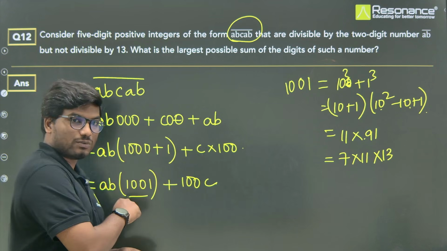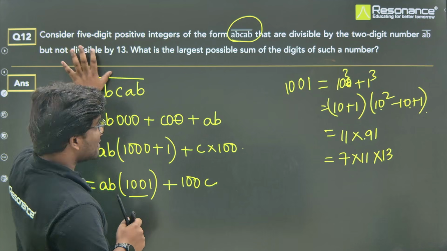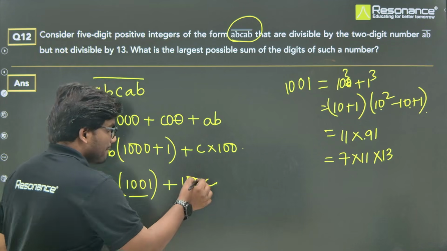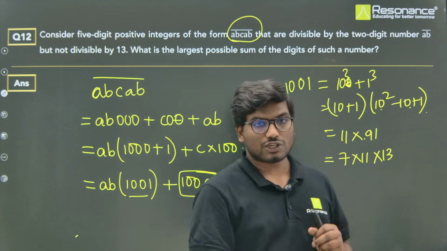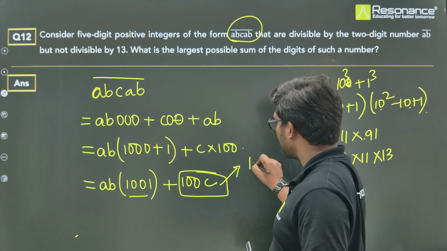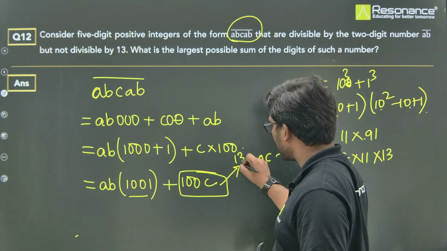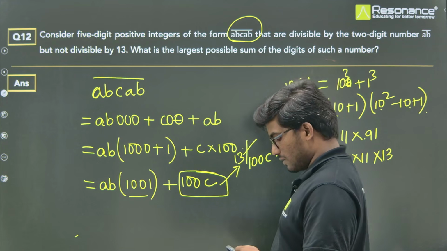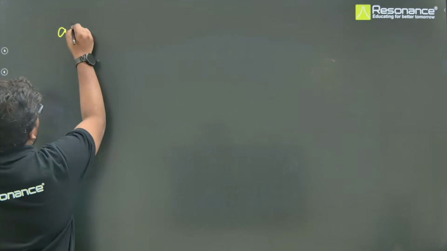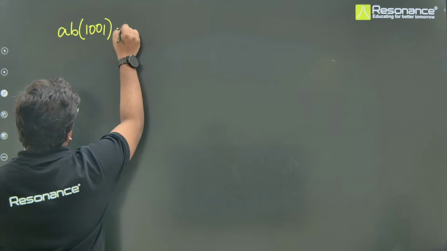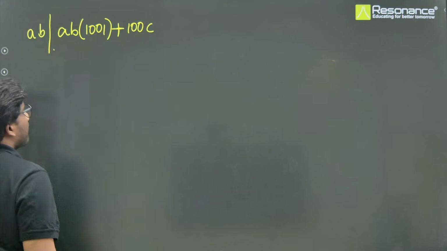Since the number 1001 is divisible by 13, but the condition lies with this number being not divisible by 13, 100C should not be a multiple of 13. So moving forward, AB into 1001 plus 100C is also divisible by AB, right?